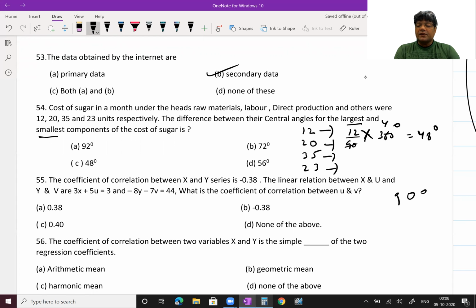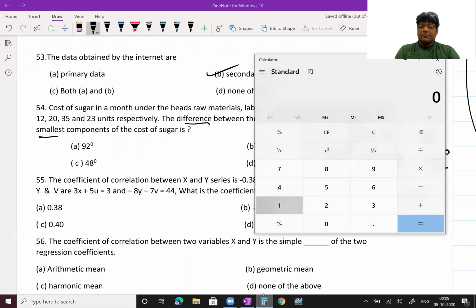The largest is 35, so I will calculate 35 by 90 into 360, which is 140 degree. So 140 degree is the largest and the smallest central angle is 48 degree. They are asking their difference, so 140 minus 48 is equal to 92 degree.